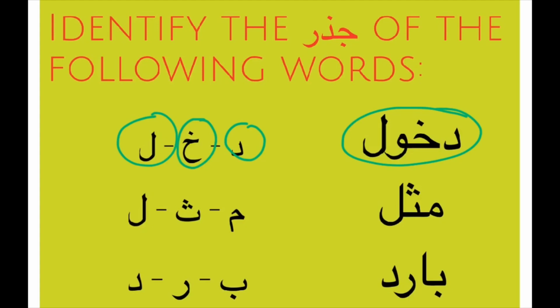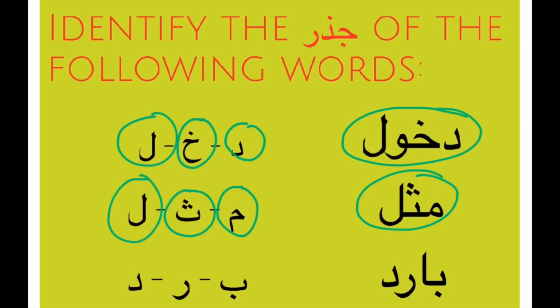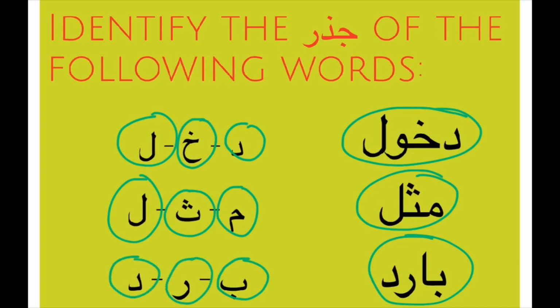Our second example, mithla, means like, and our root letters are readily apparent. Mim, tha, and lam. In our third example, barid, which means cold, our root letters are ba, ra, and dal, to be cold.